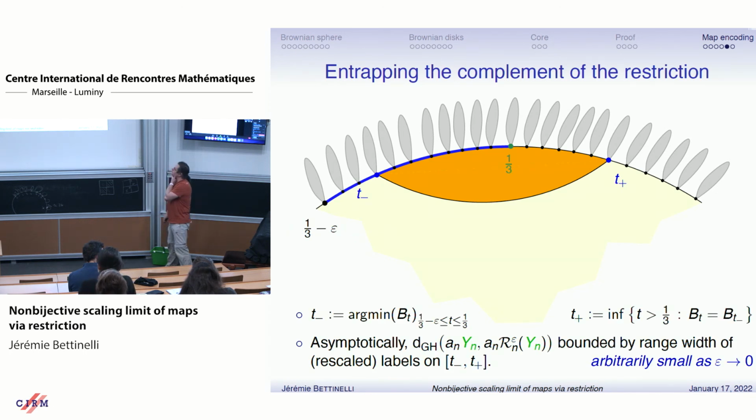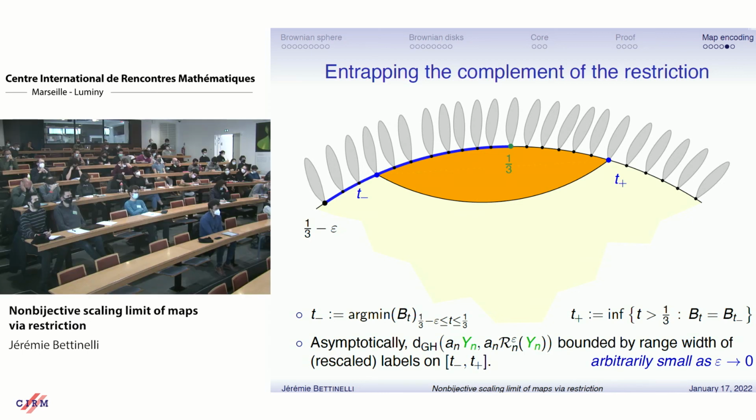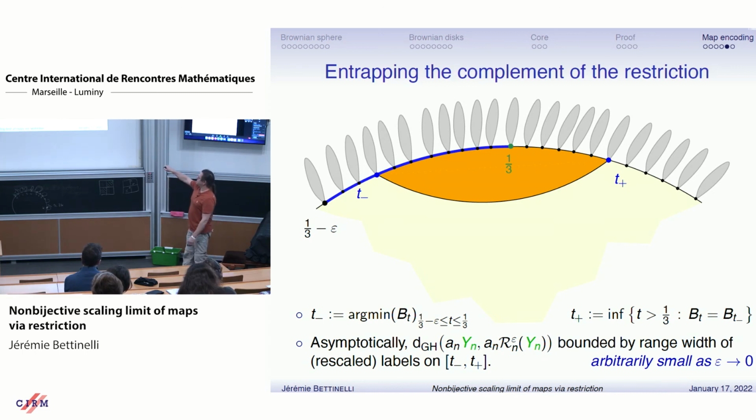So if I pass to the limit, my point will end at distance 1/3, because my bridge was on [0, 1]. This point is at 1/3. And what is T minus is this point. As I said, it's the point with smaller label on the blue part.